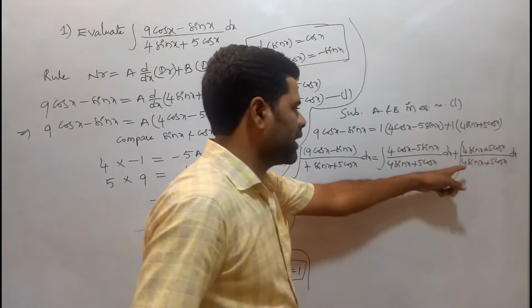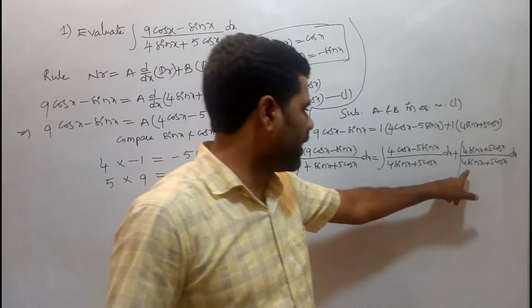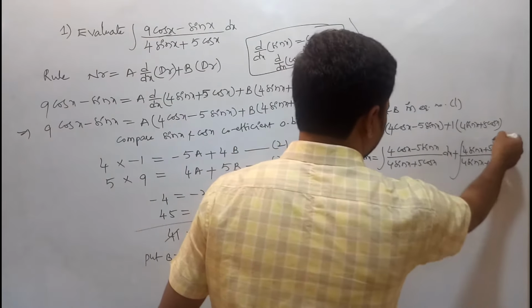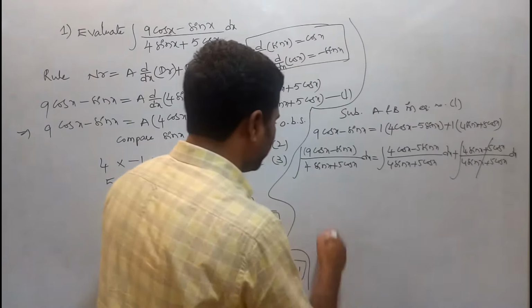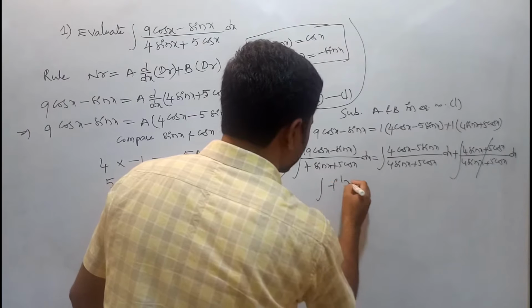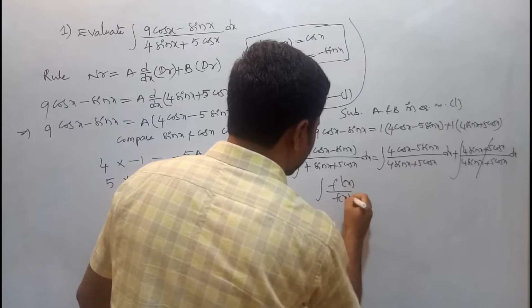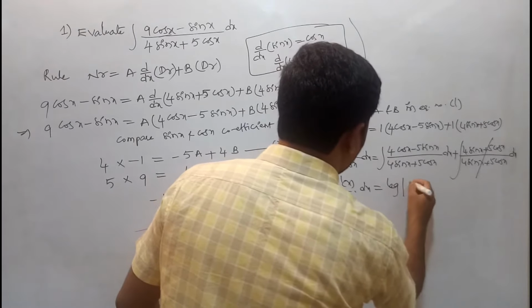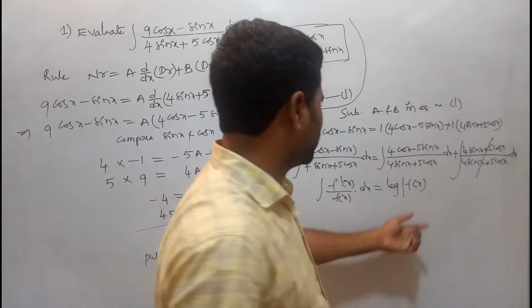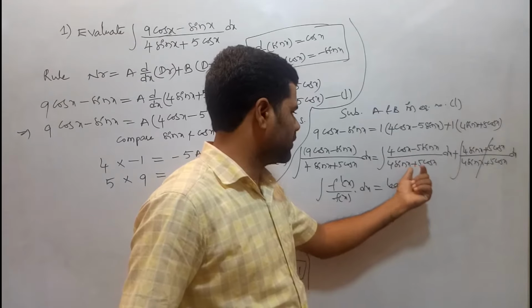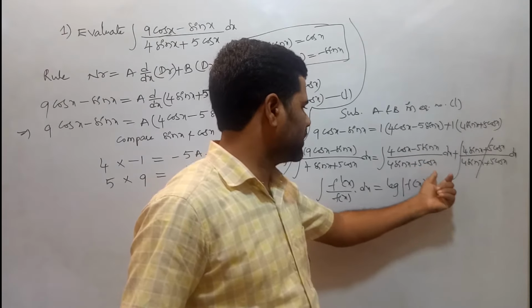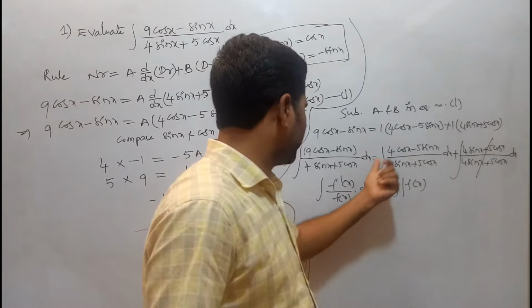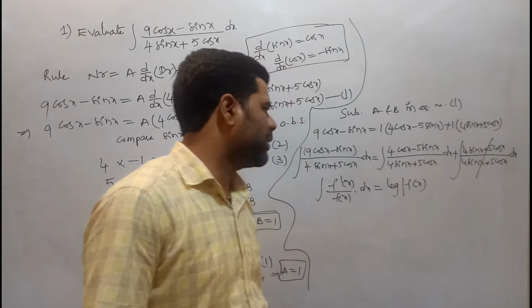Now 4 sin x plus 5 cos x by 4 sin x plus 5 cos x, these two get cancelled. Now integral of f dash of x by f of x into dx is equal to log mod f of x. So f of x is 4 sin x plus 5 cos x, and f dash of x is equal to 4 cos x minus 5 sin x.